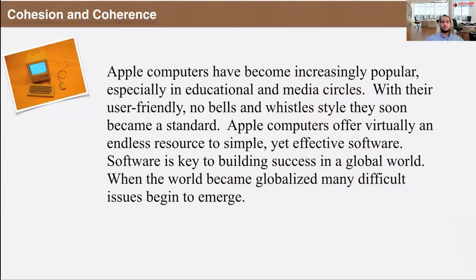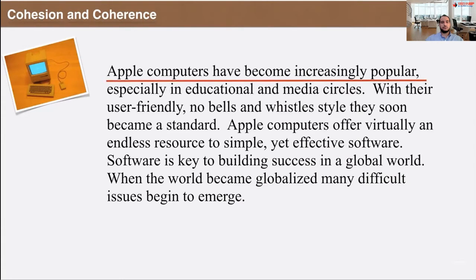Apple computers offer virtually an endless resource to simple yet effective software. Software is key to building success in a global world. When the world became globalized, many difficult issues began to emerge. The passage is rather difficult to read. It begins by telling us how Apple computers became popular, but it ends with global issues. The passage seems to flow, but the topics in each sentence are really not connected to each other, nor are they connected to the main idea.